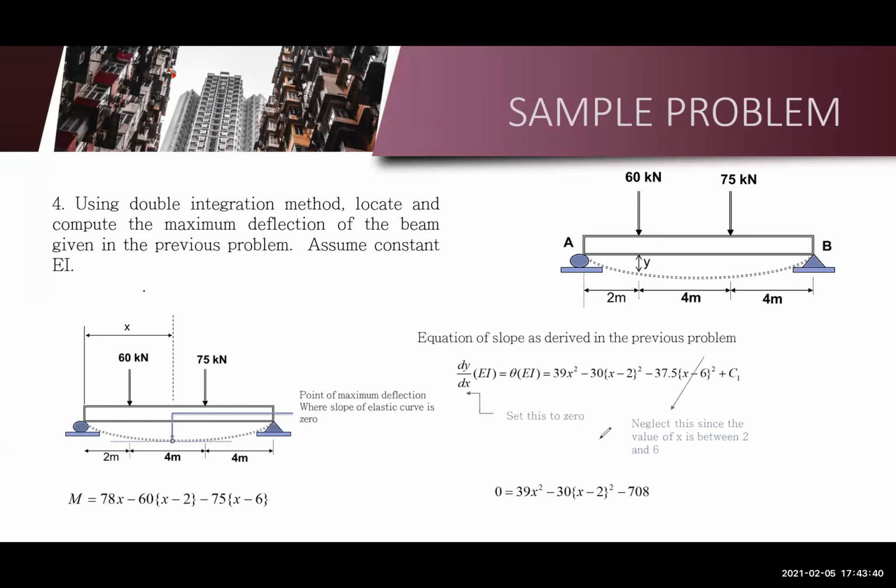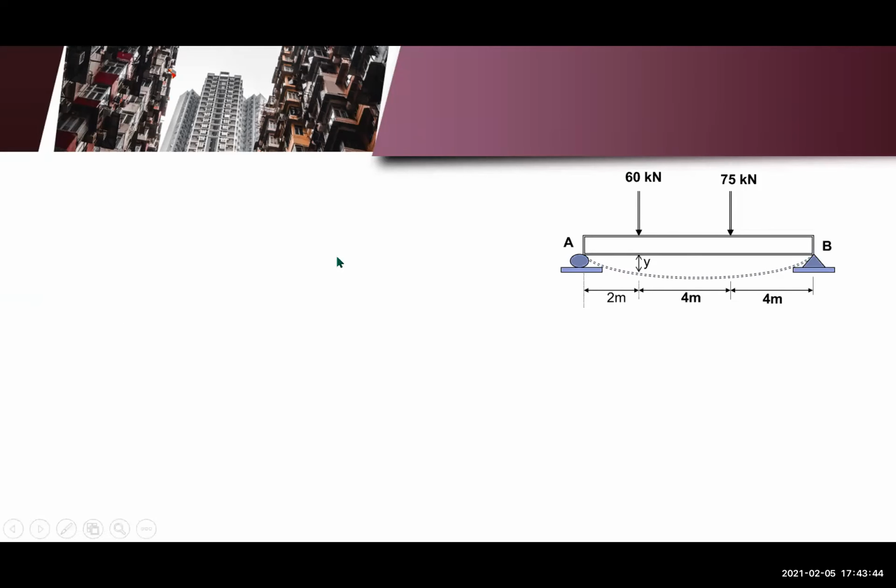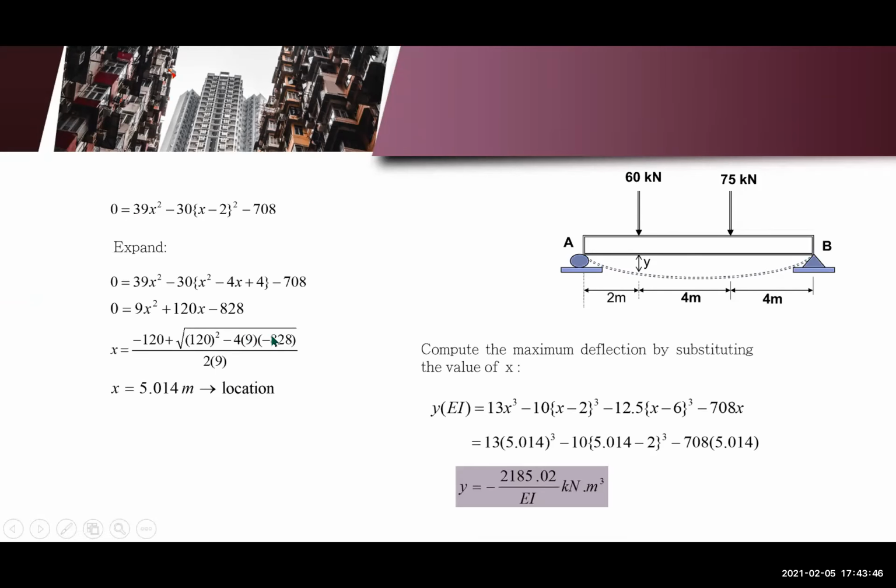Ito na. Simplifying this, let's see. Yan, simplifying, pag-expand, you may use the quadratic equation. You will get the value of your x. So, yun na. Ang point of maximum location will be 5.014 meters.